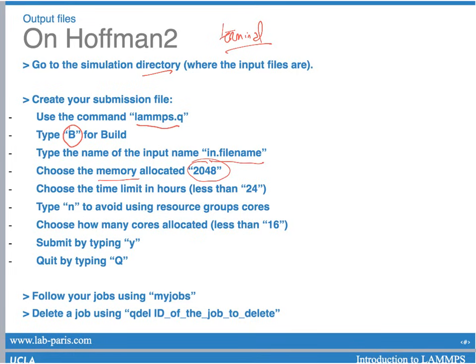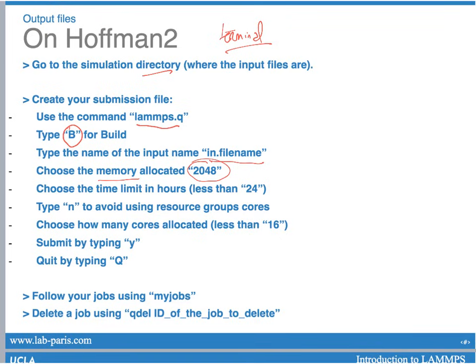For example, if you know you are going to run a very small simulation, you can ask for only 1 hour, then you will have a very high priority because you will only use the processor for 1 hour and then release the processor and it can be used by anybody else. If you ask for more time, for example 24 hours, then your priority will be a little bit lower because you are asking for more, so you might have to wait in the queuing line a little bit longer.